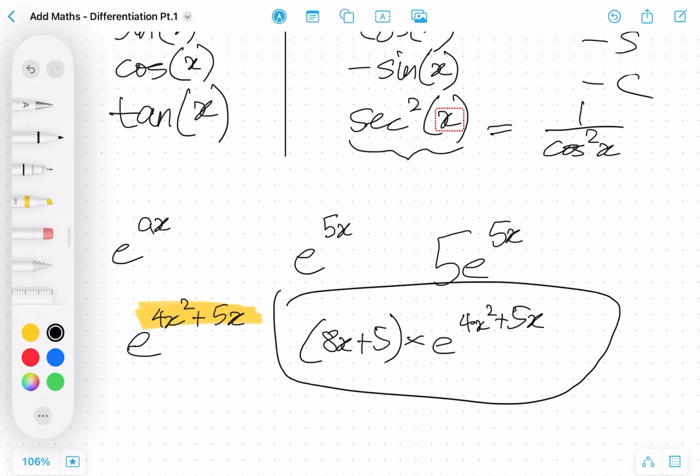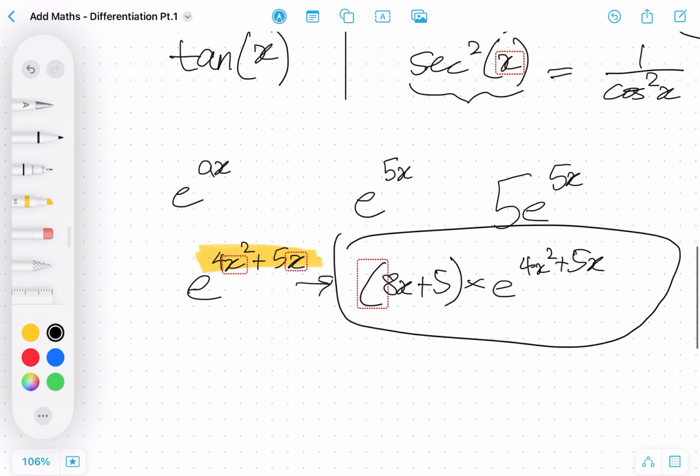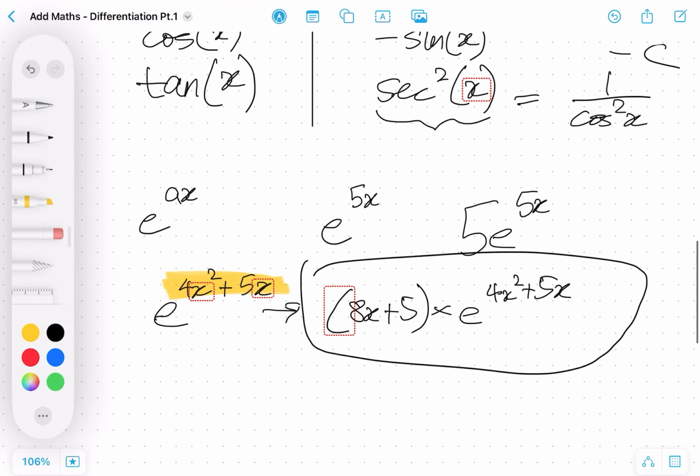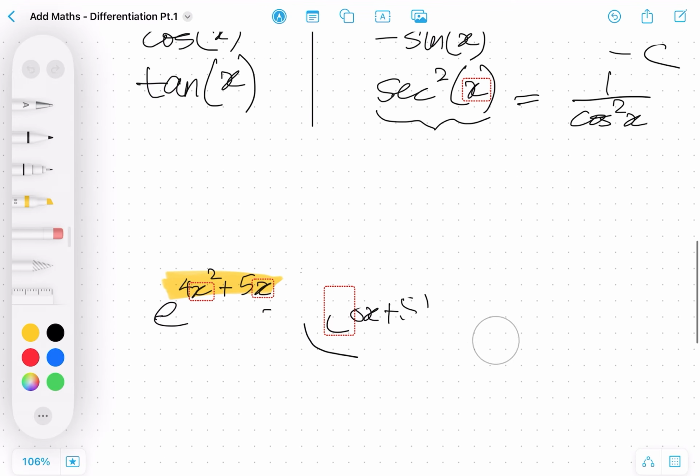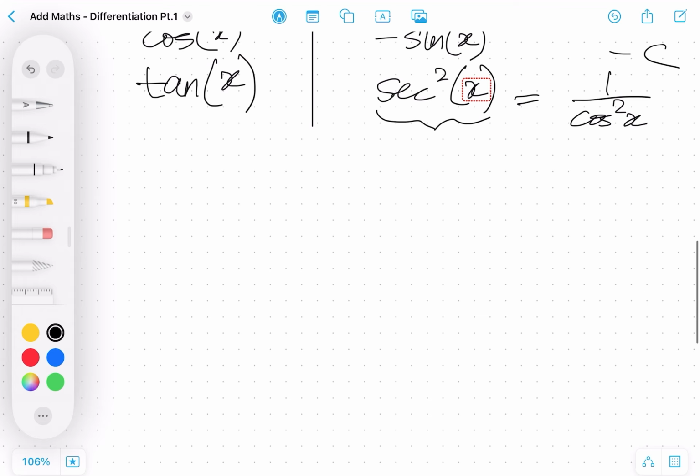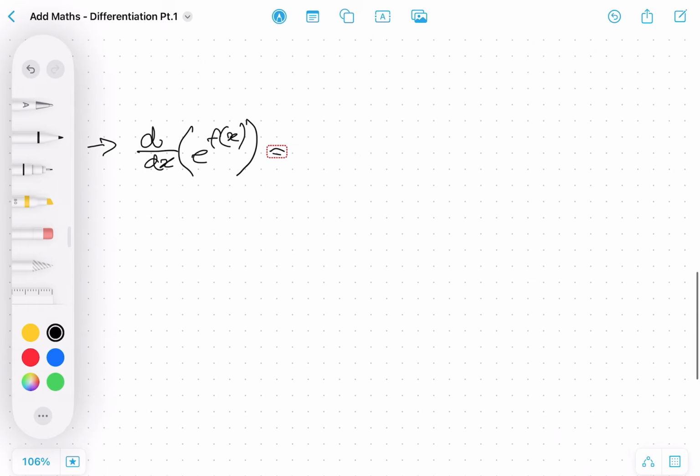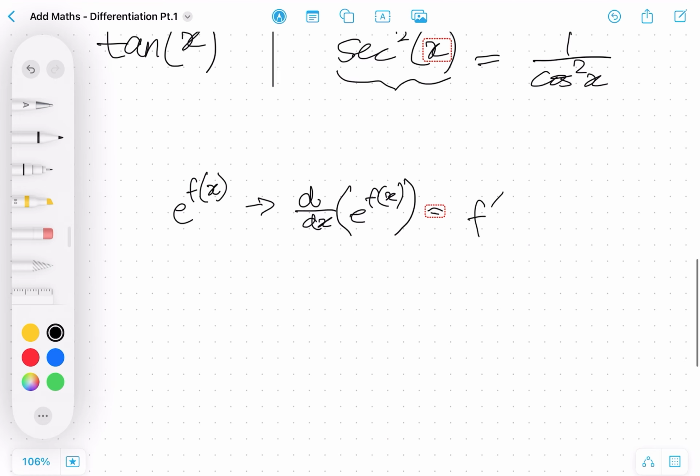So this would be the derivative of this. There's actually a general formula for this, or general form, which is if we have e to the power of any function of x, the derivative of that is equal to f of x differentiated multiplied by e to the power of the original function.